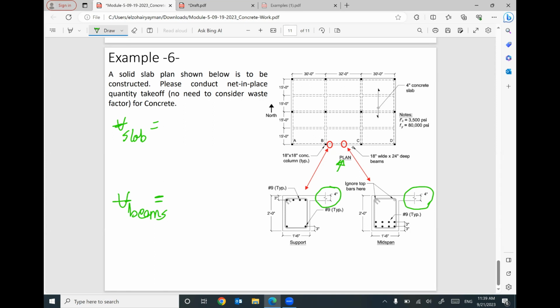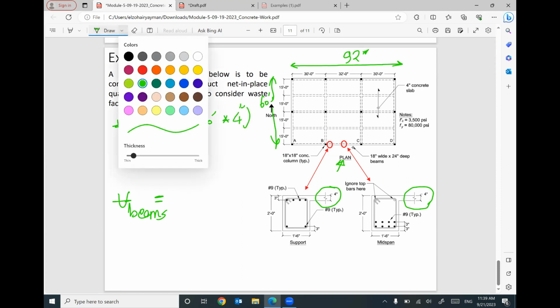So the area of your slab: the total length is 92 feet, and this one is 15, 15, 15, 15, so the total will be 60.